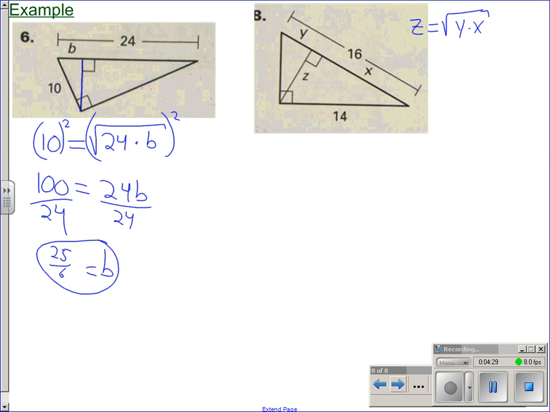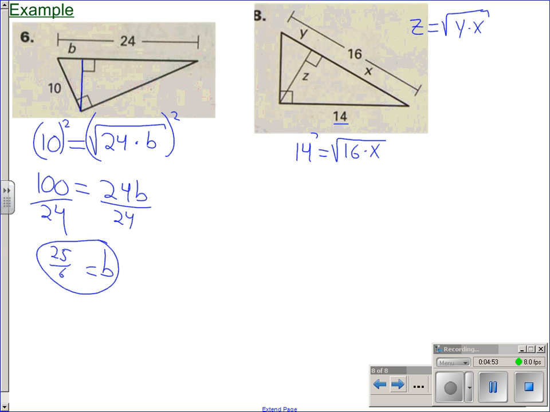Now, to solve for x, we know this side 14. So that leg is the geometric mean of the hypotenuse, where the whole thing, that's 16, multiplied by that part of the hypotenuse that's closest to the leg, which is x. So this is very much similar to example number 6 that we just did.